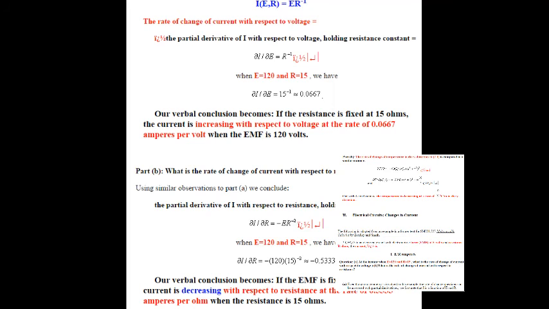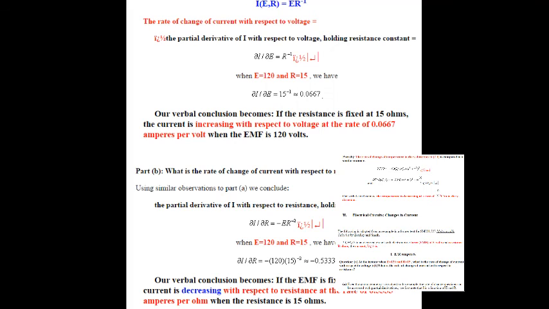When E is 120 and R equals 15, we have delta I divided by delta R equals minus 120 times 15 to the power minus 2, which equals negative 0.5333.